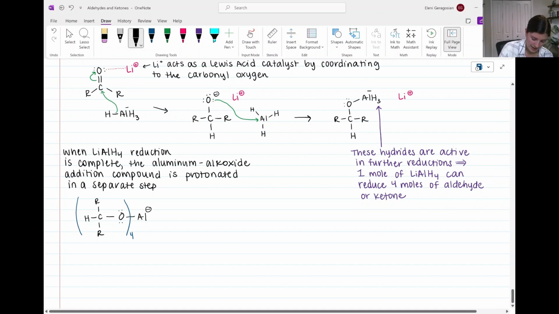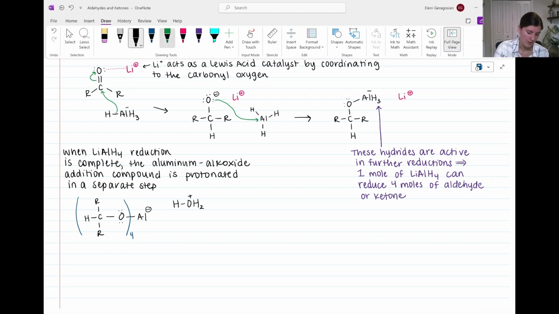So if we have an acid present, we'll represent as H3O plus. The bond between oxygen and aluminum will form a bond to the acidic hydrogen. We form water, and this will happen for all 4 of the substituents on aluminum. So for every 1 lithium aluminum hydride, we form 4 new alcohol products.